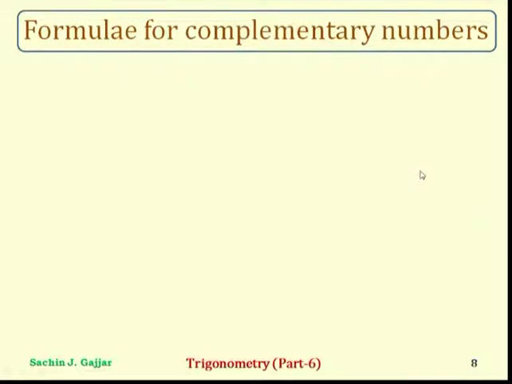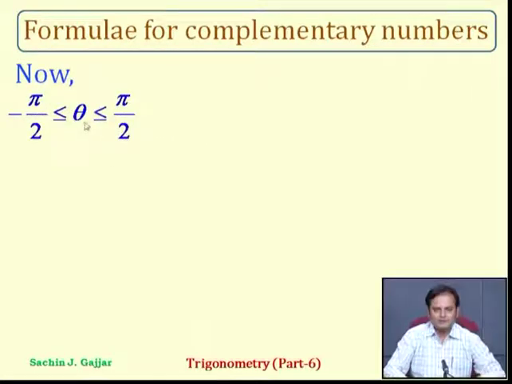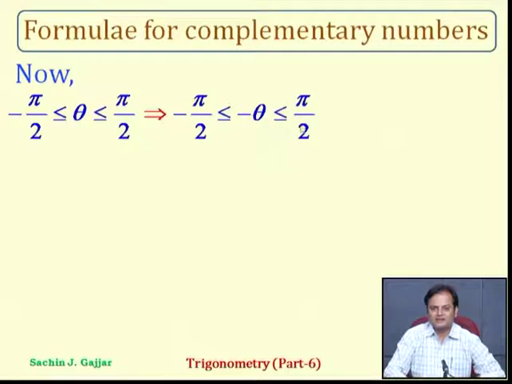Okay, so we have given that minus pi by 2 less or equal to theta less or equal to pi by 2. This implies minus pi by 2 less or equal to minus theta less or equal to pi by 2. If theta lies between these two, then minus theta also lies between the same. Can you prove this? Try to prove this.